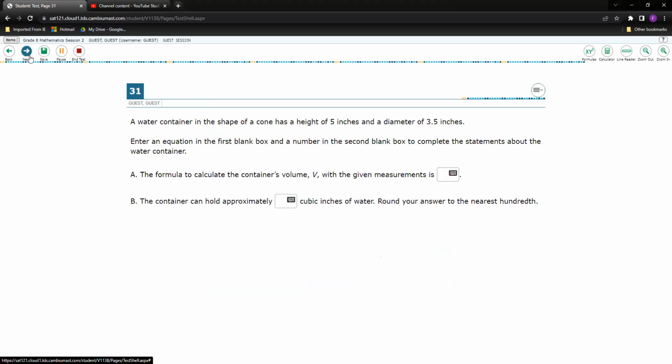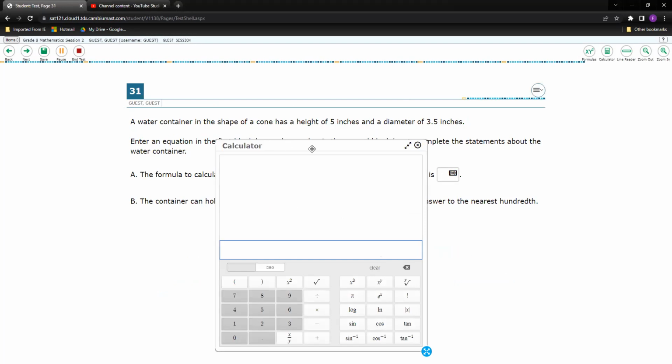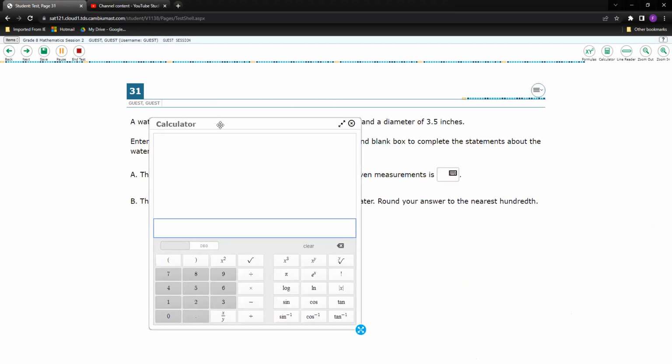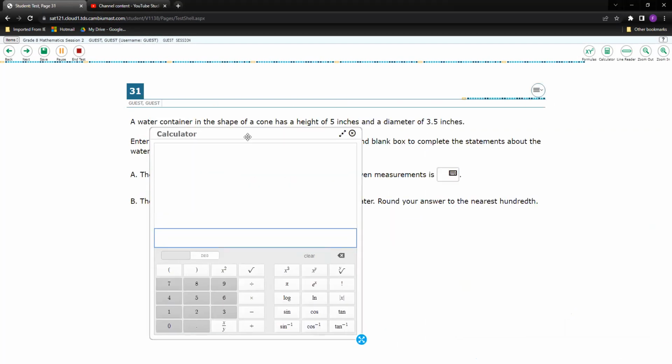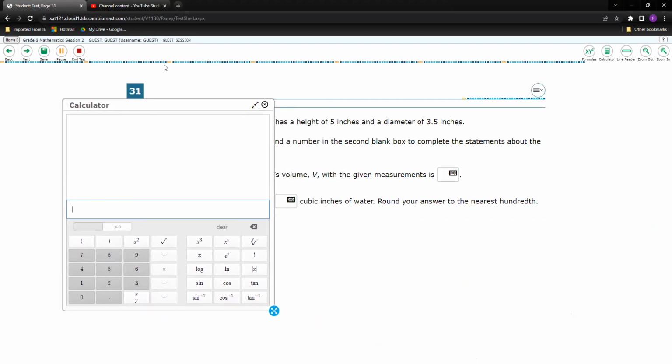You've been a trooper. Okay, a water container is a cone. Enter an equation. The formula is radius squared times height times pi divided by 3. So let me write that.